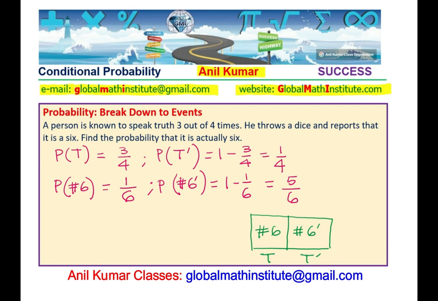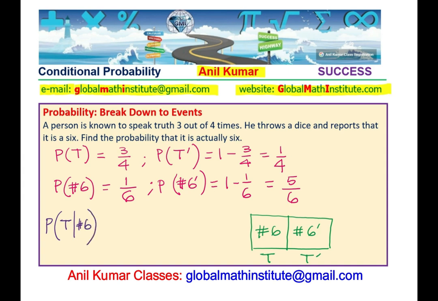Perfect. So when we talk about conditional probability, we know that first condition is that we have a 6. So, what is the probability of getting 6 that comes in the denominator? So, we can write probability that it is truth, right? And actually, it is a 6, right?